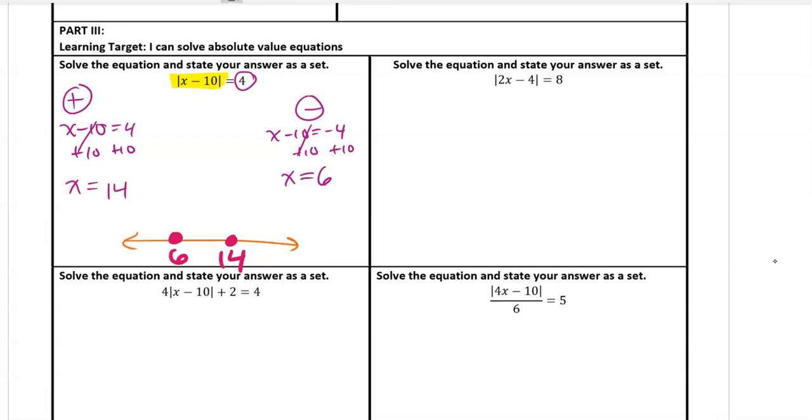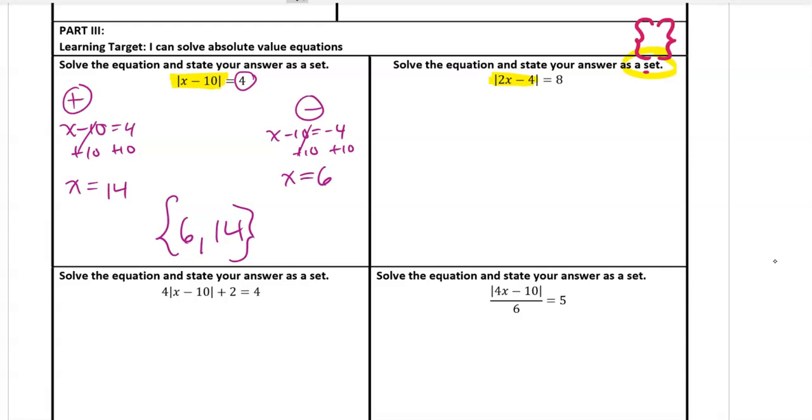Oh, just kidding. This is not an inequality, so we're not graphing the line. My bad. So when we write our answer, we're going to write the squigglies, put the numbers in the squigglies. All right, next. It says solve the equation and state your answer as a set. That's what that's saying. As a set. Set means squigglies. Think about that. SS, set squigglies.